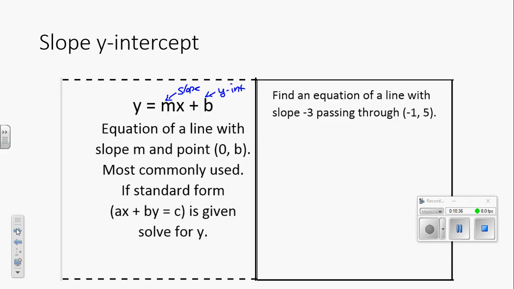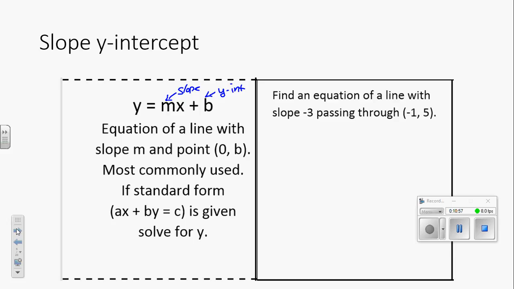However, there's also standard form. Standard form is a number times x plus another number times y equals c. And that's an equation that we can't quickly identify the slope and the y-intercept of. So we have to solve this type of an equation for y. Okay?